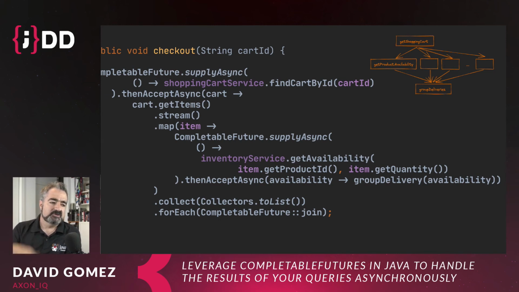So finally, we are going to collect, and this will get a list of CompletableFutures, and we are going to make sure that all these futures have finished until we can go on. So this is more or less a way to implement and chain all the different steps that we have there.